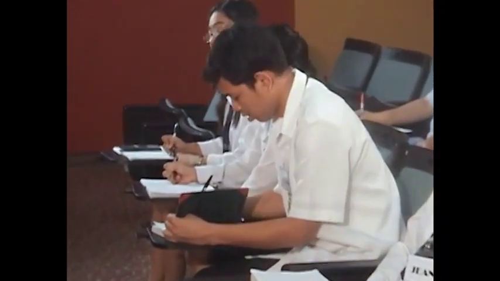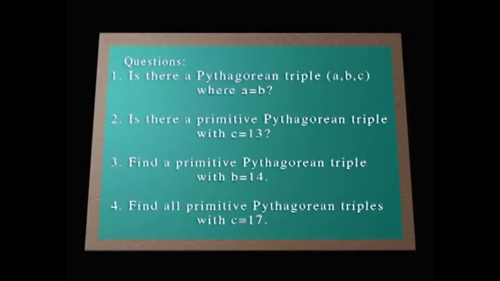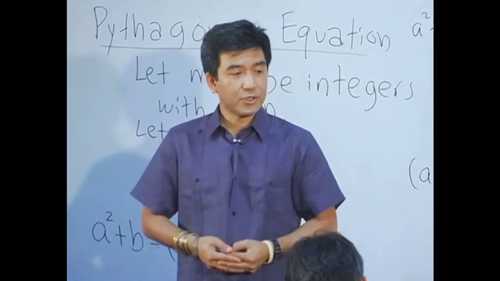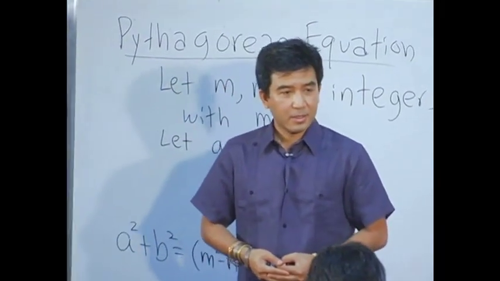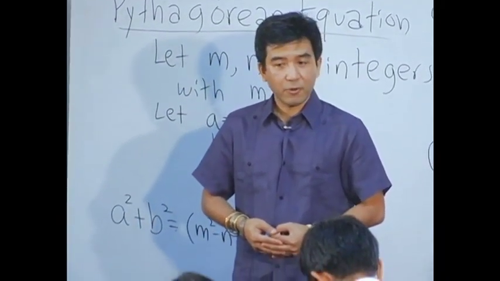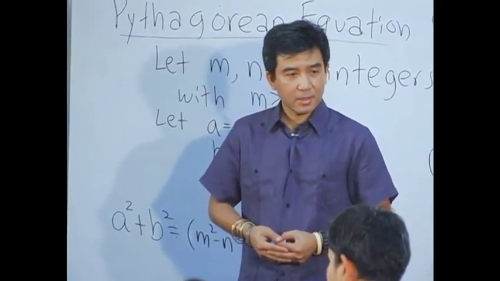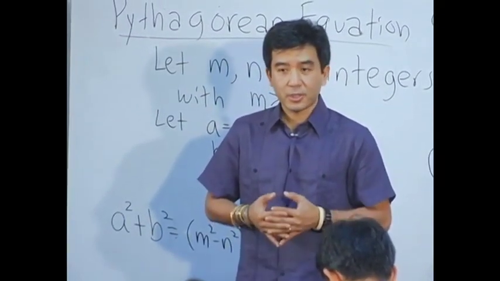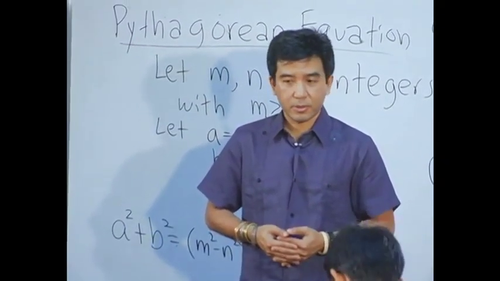Now, find a primitive Pythagorean triple with b equal to 14. Is that possible? And lastly, find all primitive Pythagorean triples with c equal to 17. Of course, I'm sure these are questions that you can now answer, because we had that formula that allowed the Greeks to produce tables of Pythagorean triples.